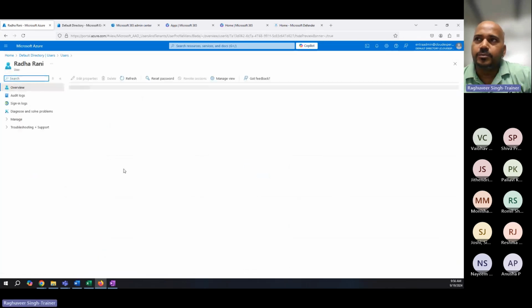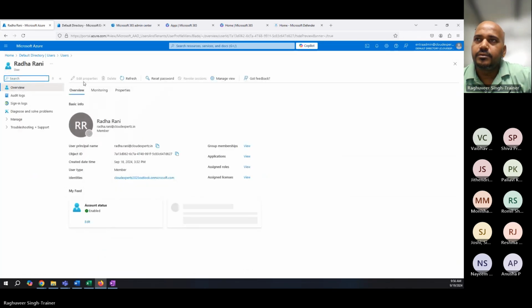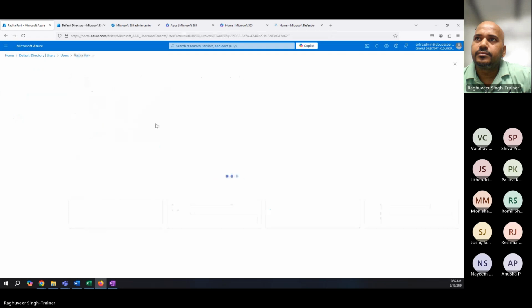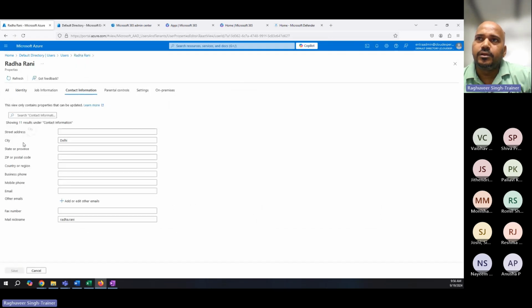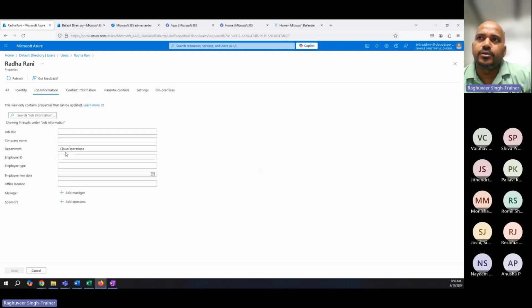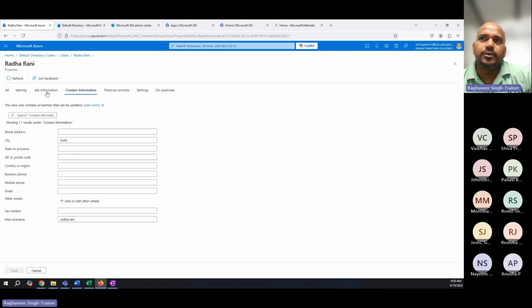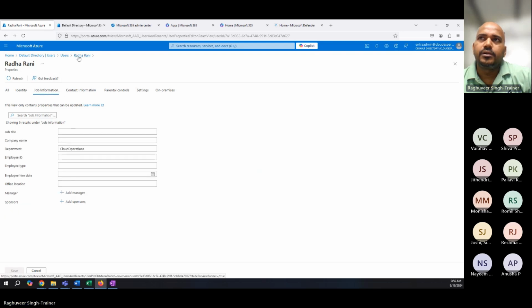When I click on the user properties, if I look at the contact information, she's from Delhi. And if I look at her job information, she's part of the cloud operations team. So she's from Delhi and she's part of the cloud operations team.